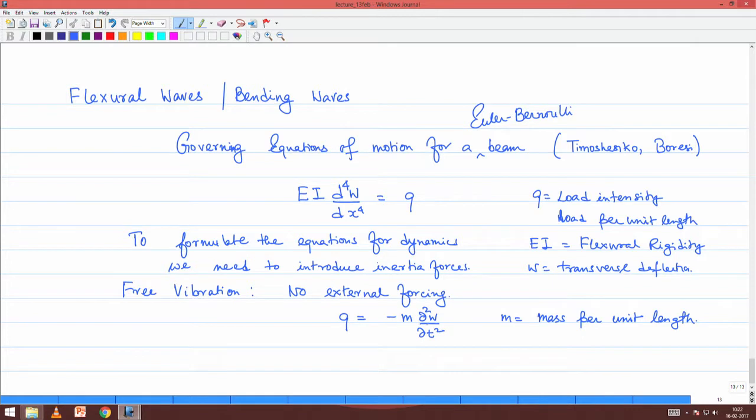So, similarly, we will have to take the inertia force per unit length, which is why we take m as mass per unit length. In terms of density, this would be the density times the area of cross section.